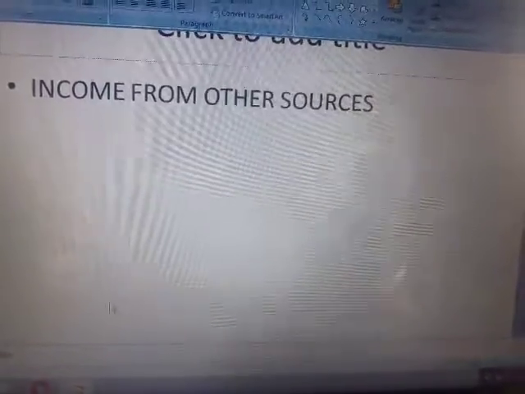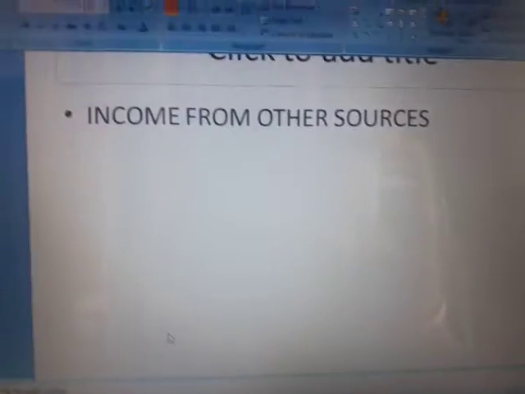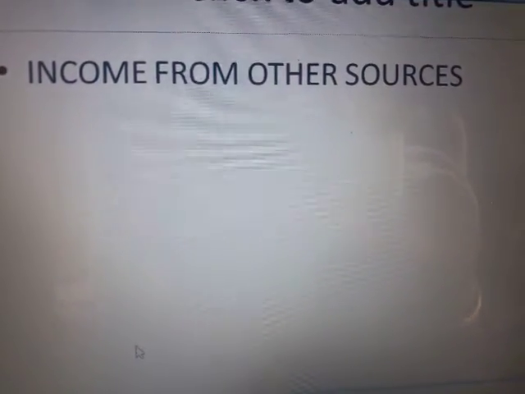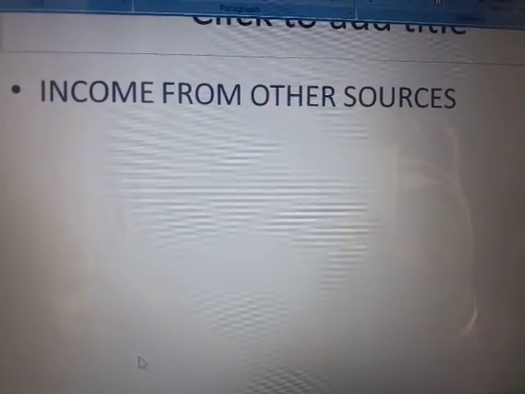So for example, winning of lottery, income from horse riding, playing cards, and dividends. These types of unexpected, uncertain incomes come under the category of income from other sources.